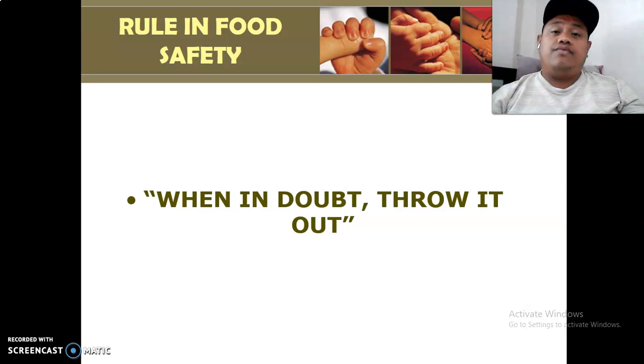So that is the food sanitation program by the Department of Health. It always reminds us about the 4 R's, the importance of washing hands, and consuming food that is fresh and coming from a proper source.